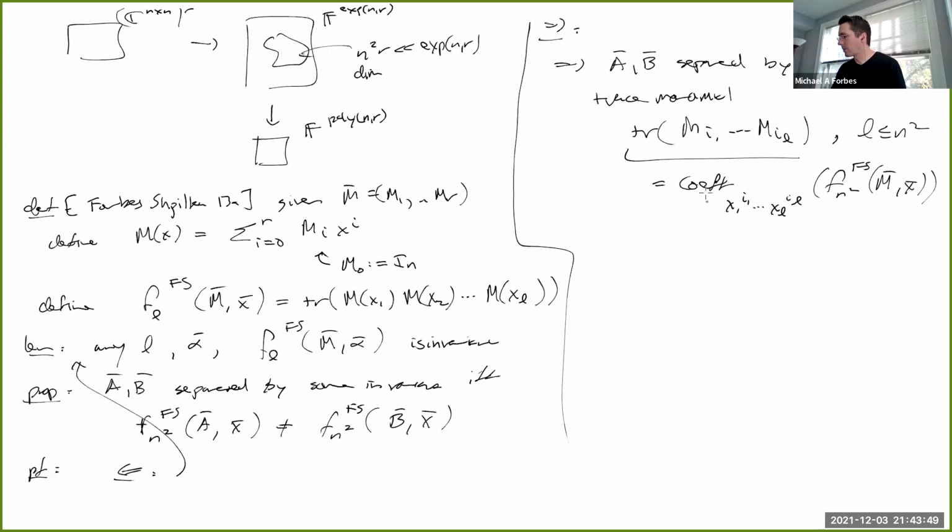So basically these trace monomials form all of the coefficients of this polynomial, and that's all the coefficients that this polynomial even has. So if A and B are separated by some trace monomial, then one coefficient of this polynomial differs. And if a coefficient of the polynomial differs, then it's exactly saying that these two polynomials are different.